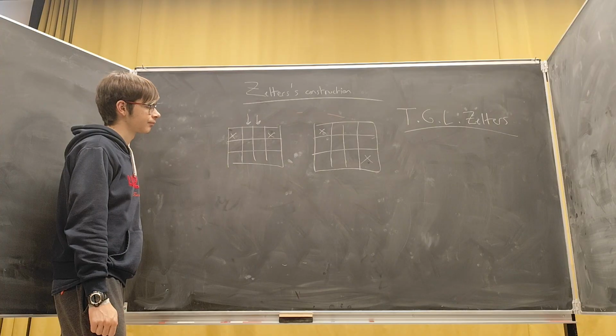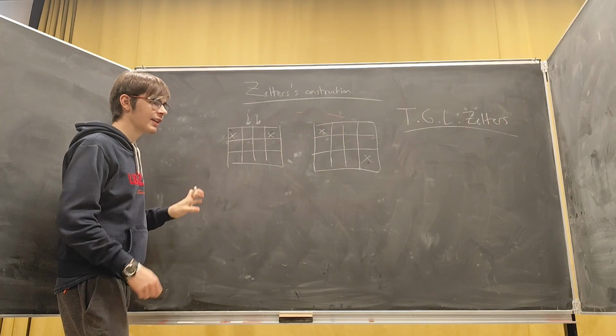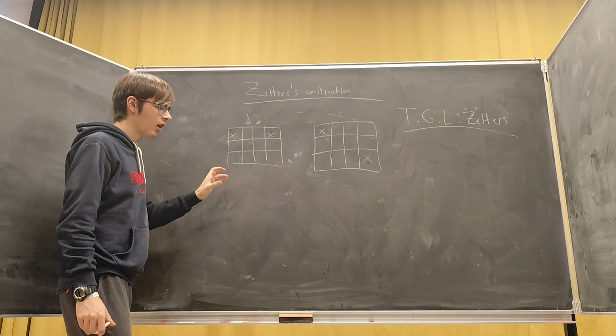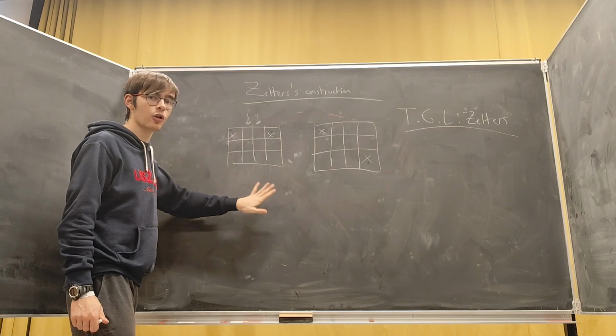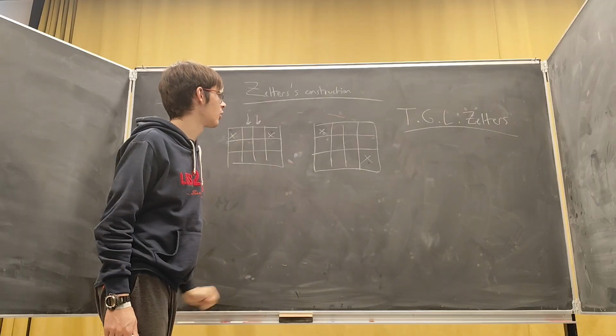Why so? Well, because for the first move, I said that wherever Maker went, Breaker controlled the small diagonal of the same side, but going on the other column, the second column.